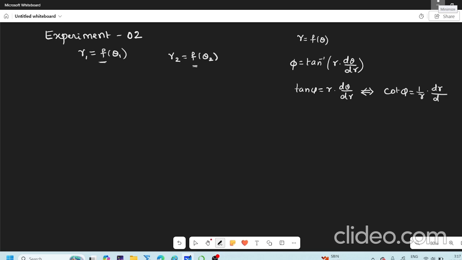These are the formulas. You can use any relation to find the angle between the radius vector and the tangent.